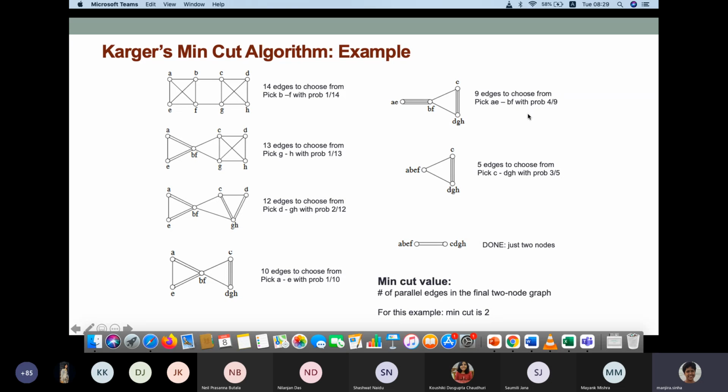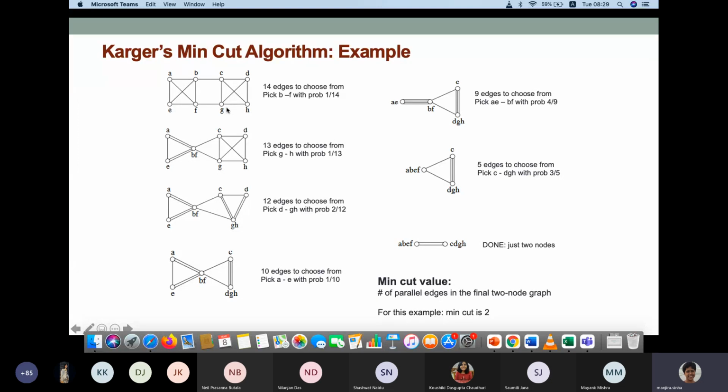Now the idea is that in this graph I can see, but when the graph becomes very large, I do not know whether the min cut value is like 10 or 15 or 100, right? So for those cases, if it is a truly randomized algorithm, we run it multiple times. Even if it picks randomly, the minimum value from the multiple outputs will very closely represent the actual min cut in the graph.